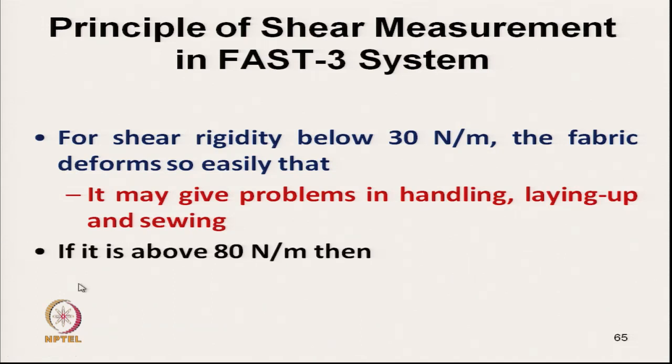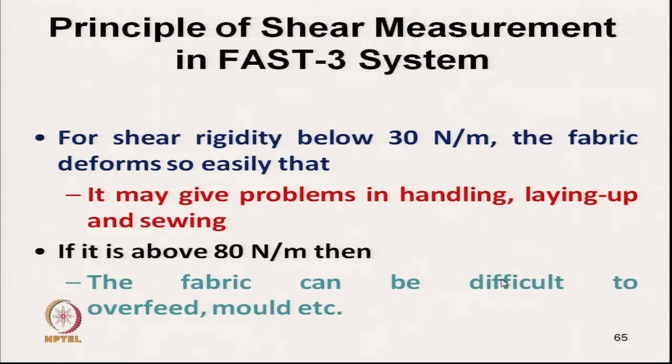If it is very high, above 80 Newton per meter, then the fabric can be difficult to overfit during the stitching operation. So, this gives an idea of the shear characteristics.